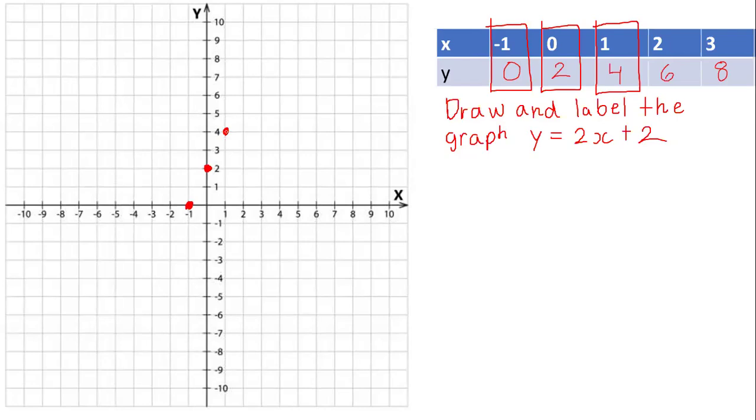Okay, and then we're gonna have 2, 6. 2, 6 is going to be right here. Okay. Then we have 3, 8. So we have 3 and 8.